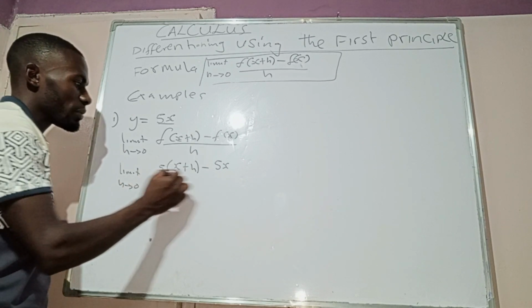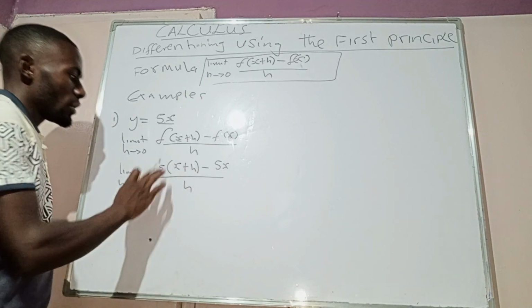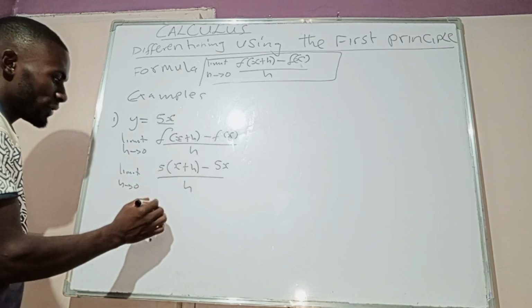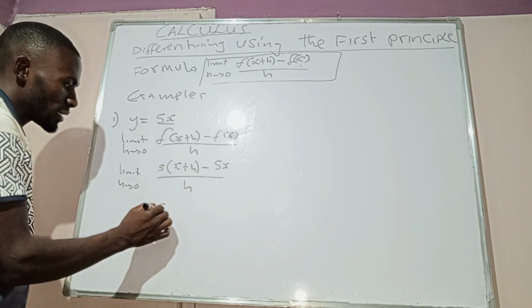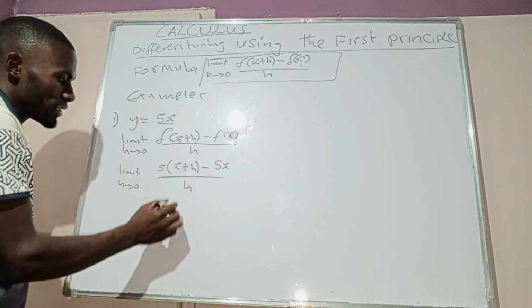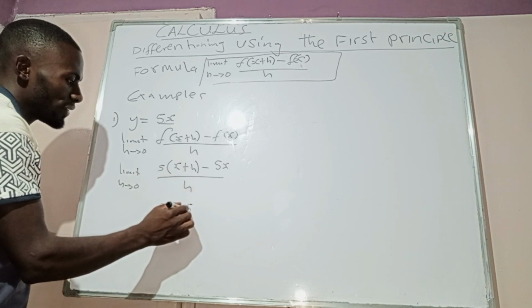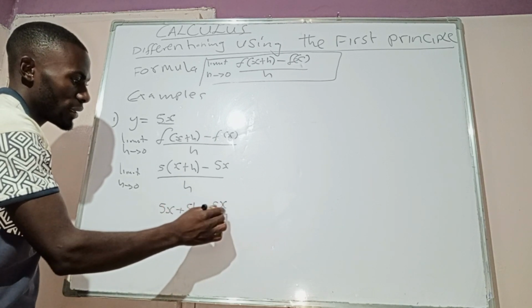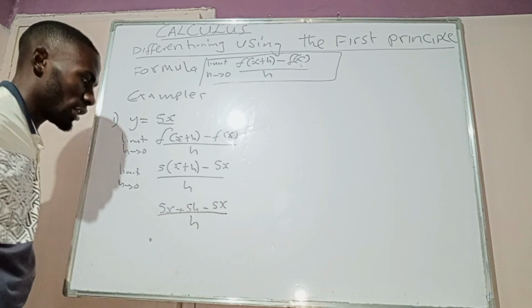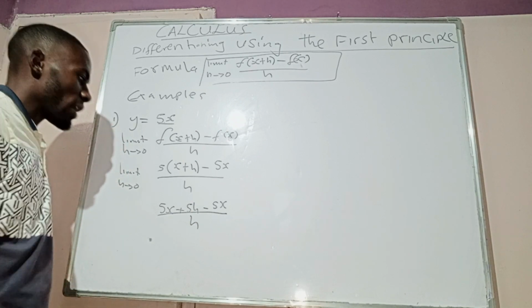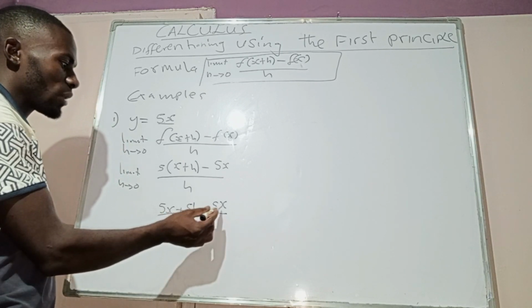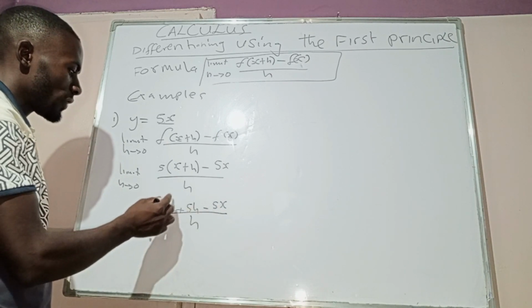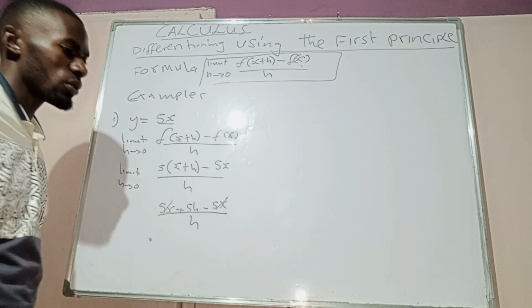From here, we are now going to expand over h. So 5 is going to multiply everything there. We have 5 times x, that is 5x, and 5 times h, that is plus 5h, then minus 5x over h. We have 5x and negative 5x, and when you subtract 5x minus 5x, we get 0.